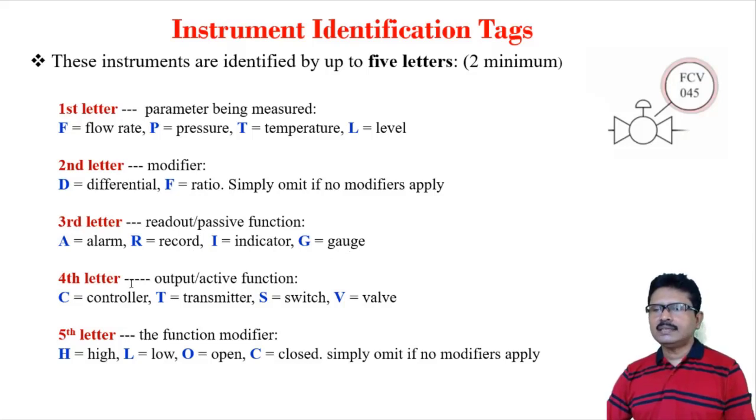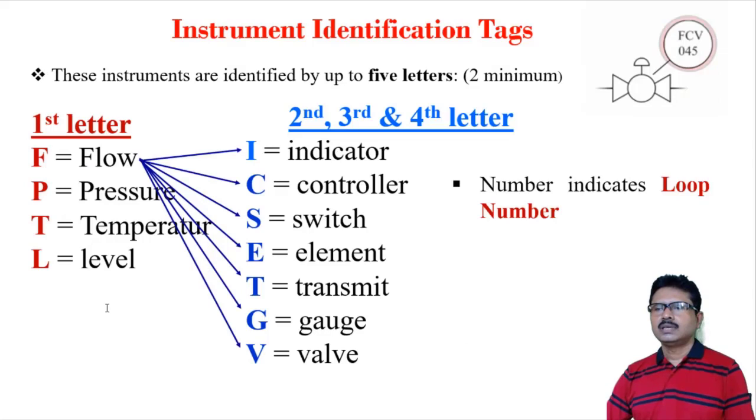The fourth letter indicates the active function or output, meaning whether it is a controller, a transmitter, a switch or a valve. The fifth letter is the function modifier. It indicates high, low, open or close. So any tag number might have 2 letters, 3 letters, 4 letters or 5 letters.